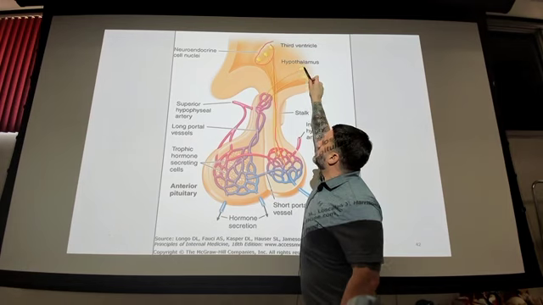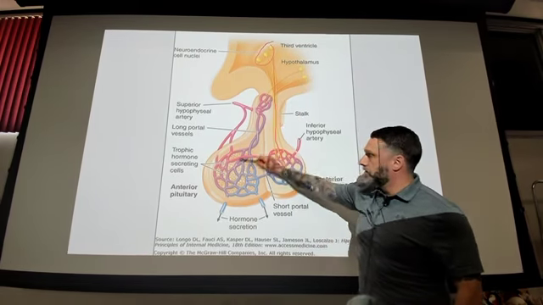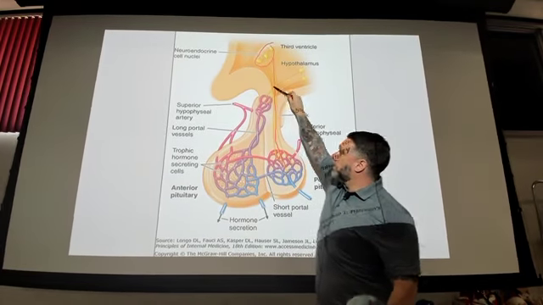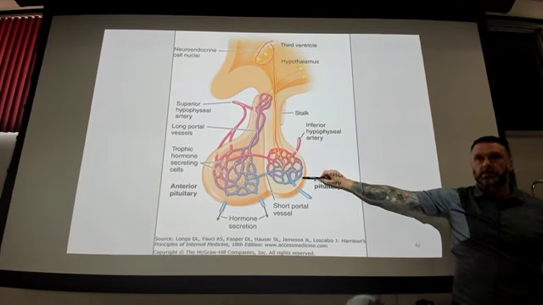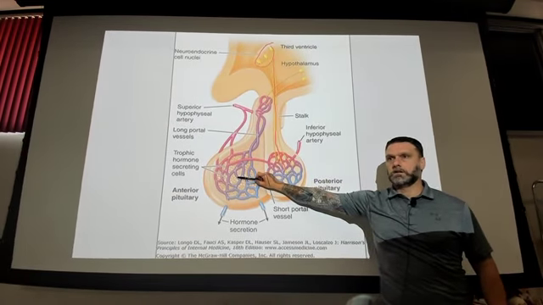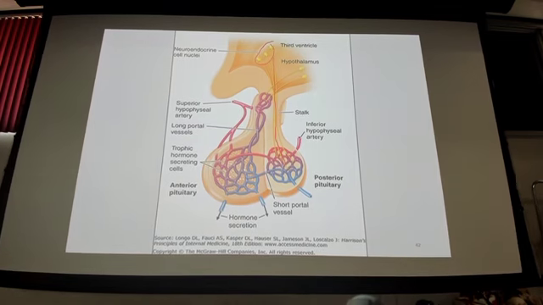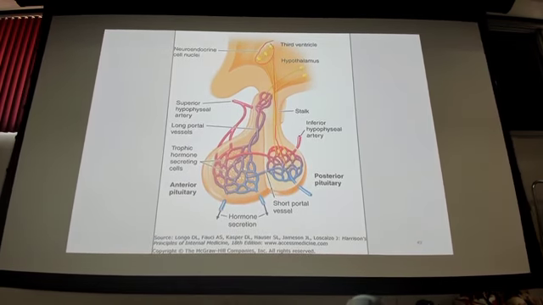These ones here put their stuff into this portal system to go into the anterior pituitary. These ones here make their stuff to go into the posterior pituitary, and never the twain shall meet. Does that make sense? Okay. Does that make sense, everybody over here? Good? You sure? All right.